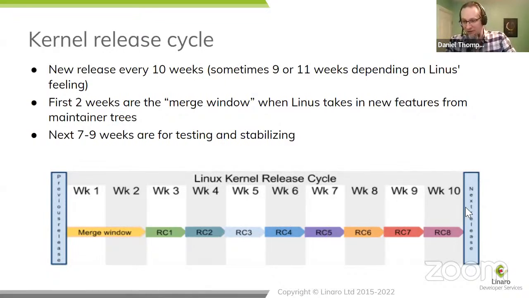Linus would then release the next release, which would open up the merge window. So your feature would be merged into the kernel at this point after the next release. And then there'll be the whole release candidate cycle all over again. So maybe 17 weeks after you initially start sharing your patches, down to 12 weeks or so. That's about the fastest you can get new features into the kernel.